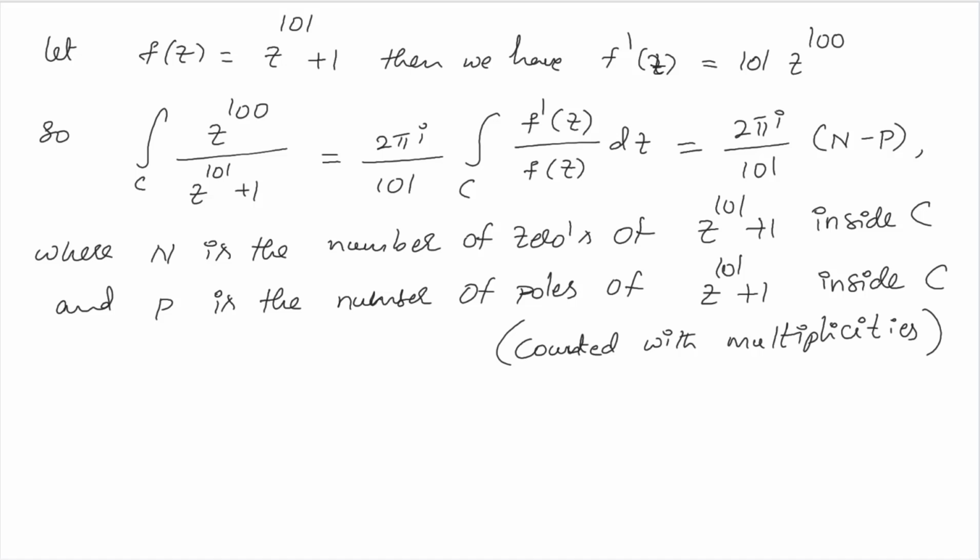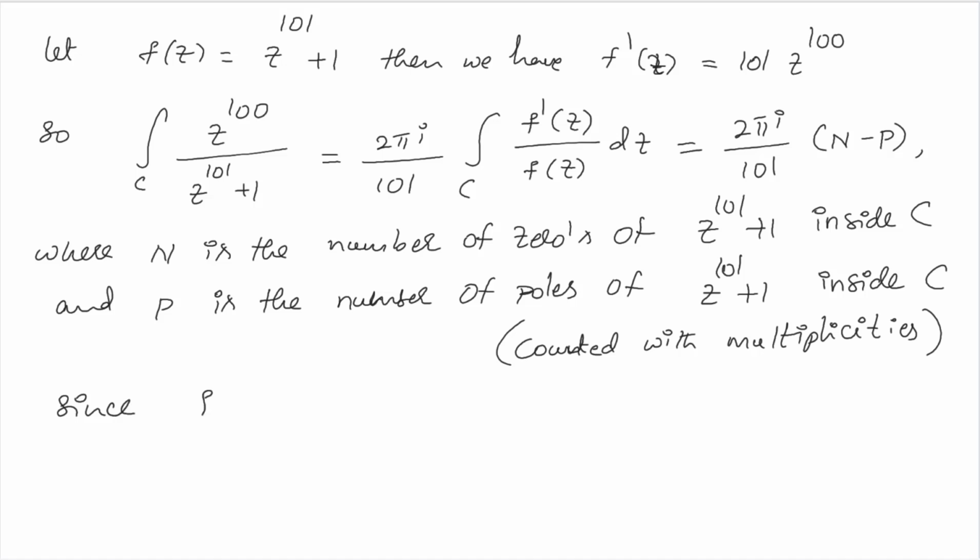Since we can see the function f of z given by the polynomial z to the power of 101 plus 1 is an entire function. Since we know every polynomial is an entire function, it does not have any singularities in the whole of the complex plane, and in particular, inside C it does not have any singularities.